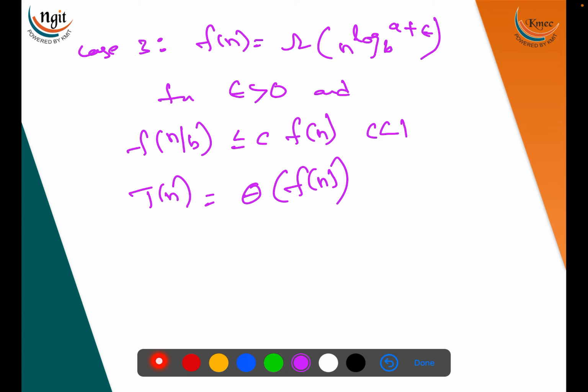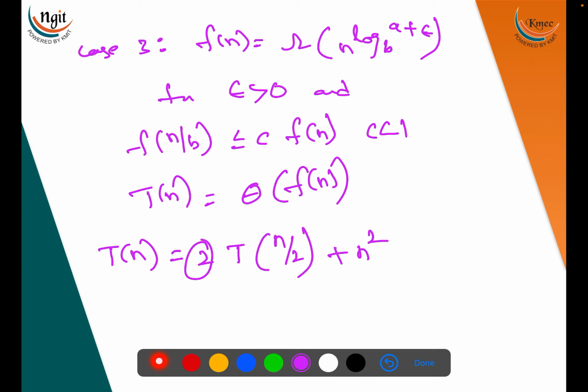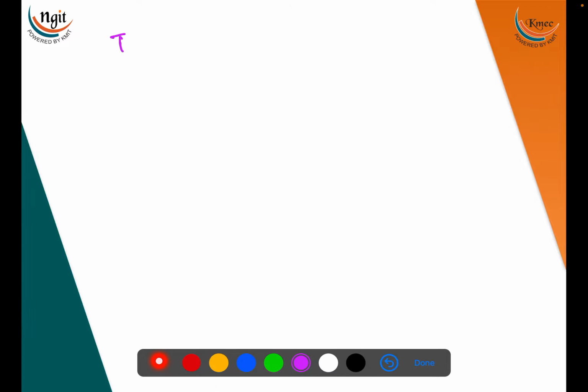Now we'll take an example to solve the recurrence relation T(n) is equal to 2 T(n/2) plus n square. Now a value is 2, f(n) value is n square, b value is 2. Right, now we'll compare with the standard formula. Compare the given problem with T(n) equal to a T(n/b) plus f(n) with a greater than or equal to 1 and b greater than 1.